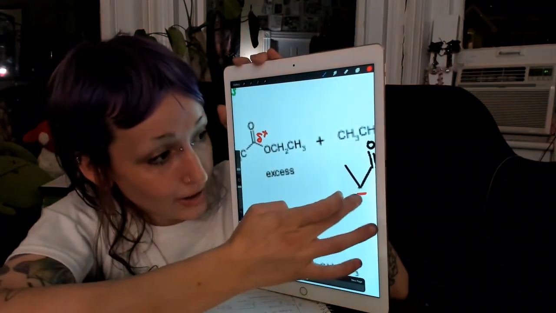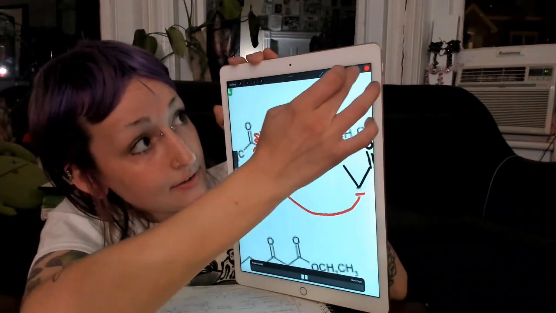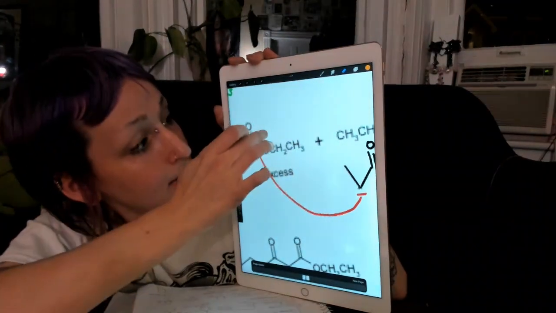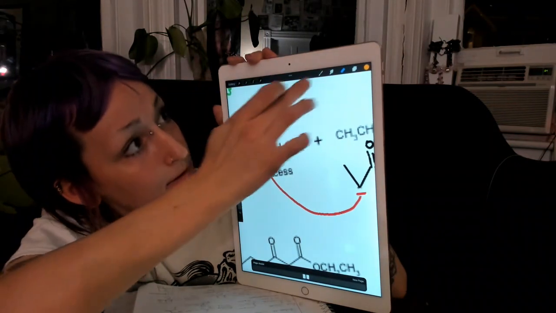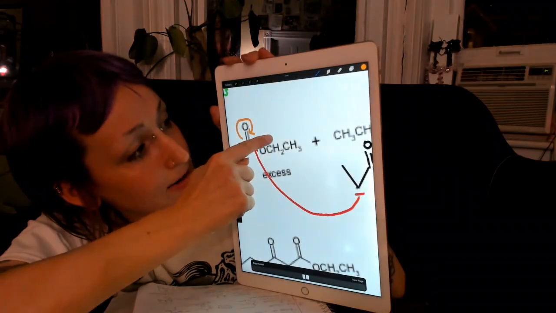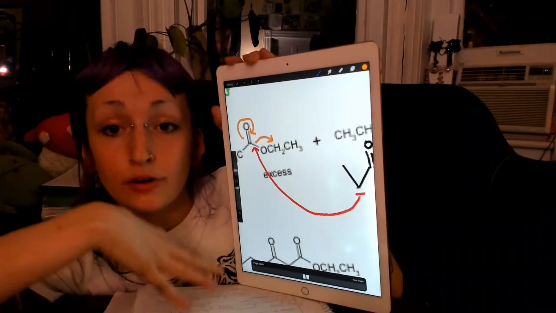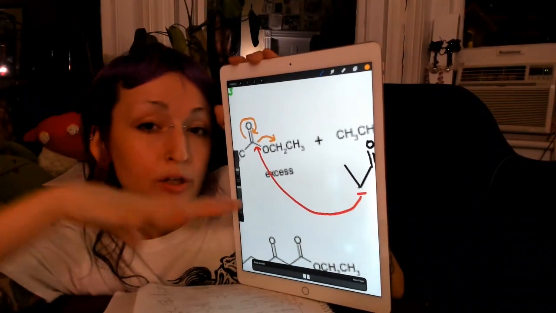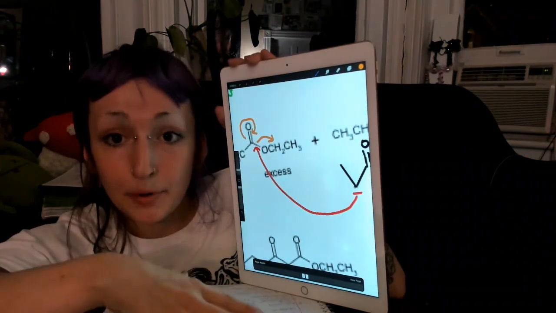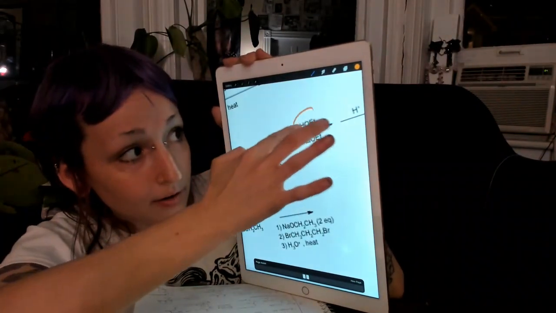So this is going to come in and attack, and when we have an ester involved, this is going to jump over, come right back down, and the OR from the ester is going to leave as a leaving group. What you might notice in this particular example is that when you neutralize that byproduct, you're going to have HOCH2CH3, which is just more of this product right here.